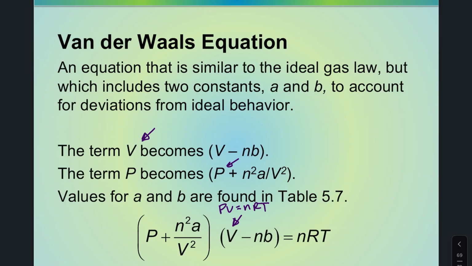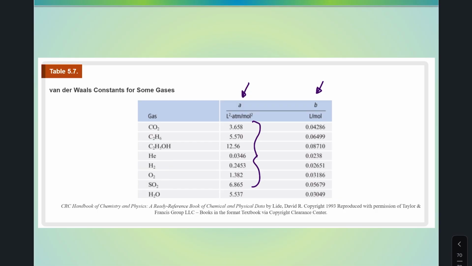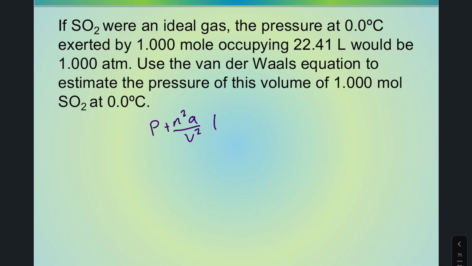I'm going to just write that down here: P plus n squared A over V squared, times V minus nB, equals nRT.